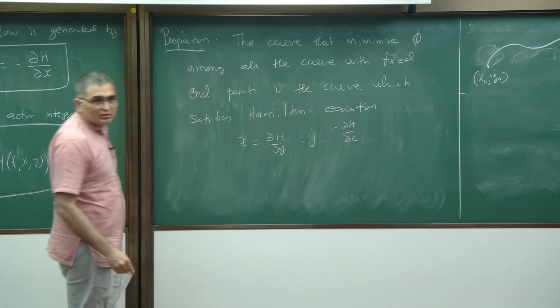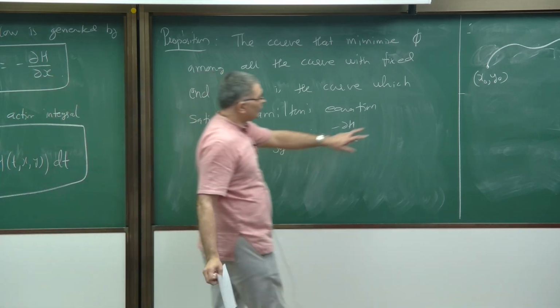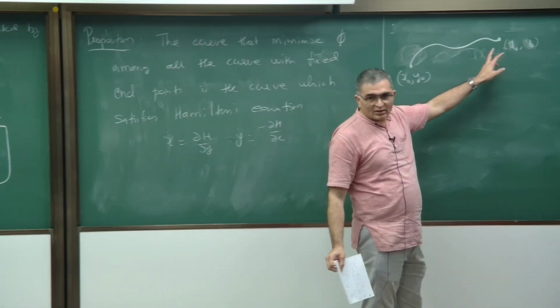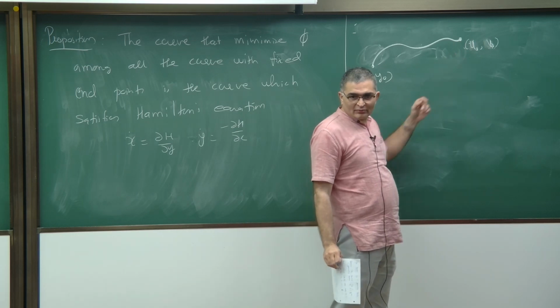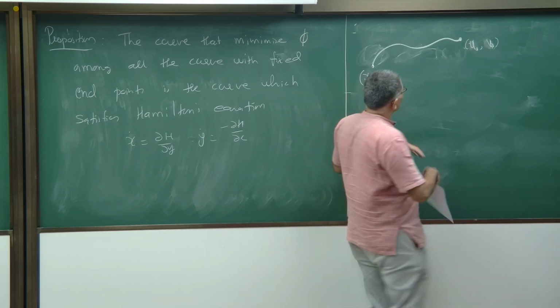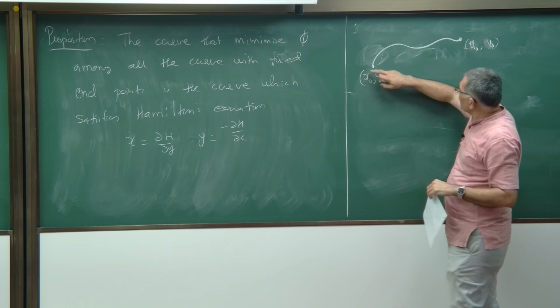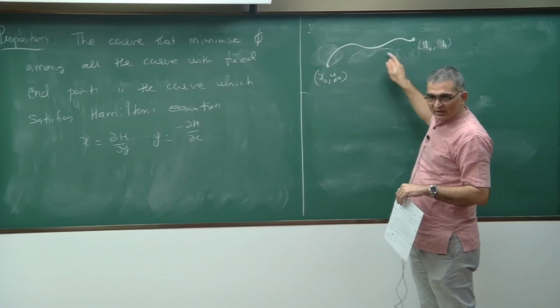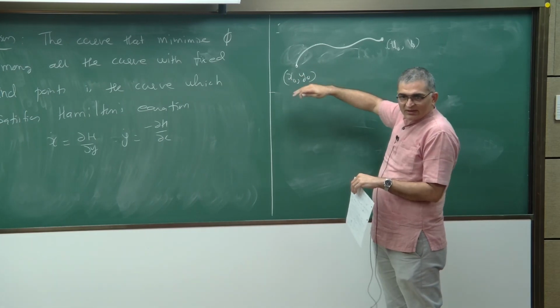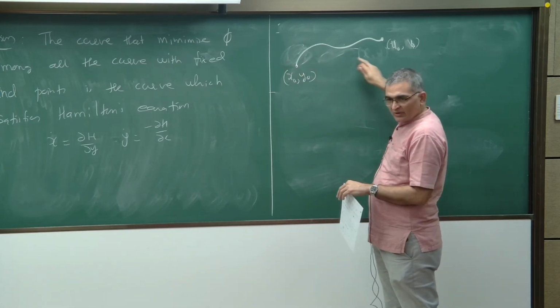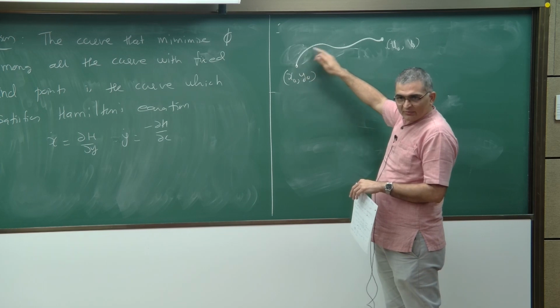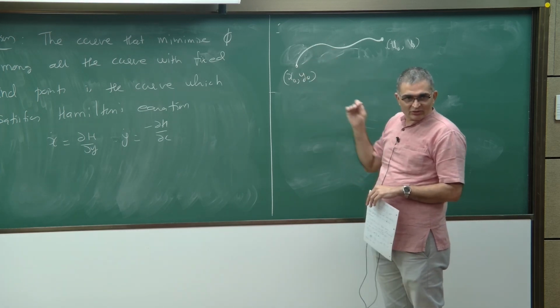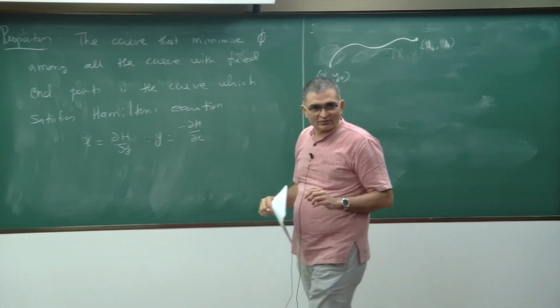So if I take a pair of points x naught y naught and x 1 y 1, and I am looking at all paths between them which minimize that, whether one exists or not I do not care, but it minimizes that. Then if there is a minimizer, that minimizer actually solves the differential equation. Okay.